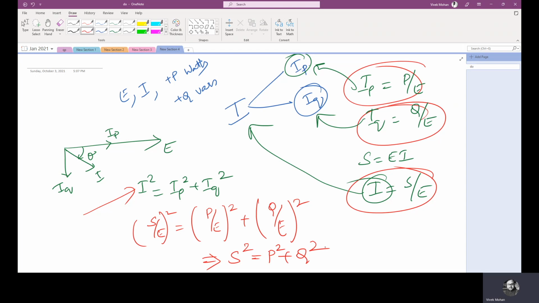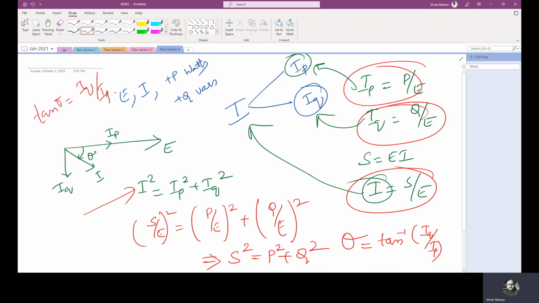Now, if you want to find theta, which indirectly gives the power factor cos theta, I need to take tan inverse of IQ by IP, because tan theta here equals IQ by IP.